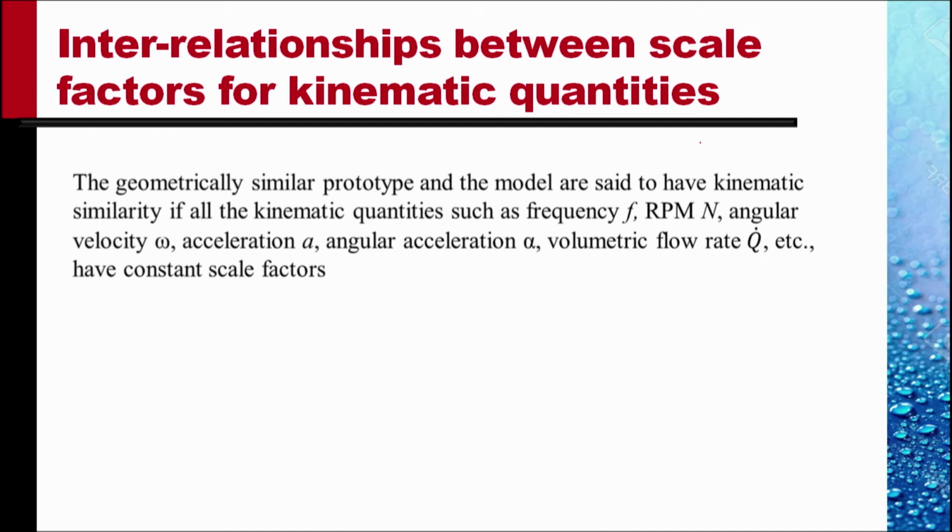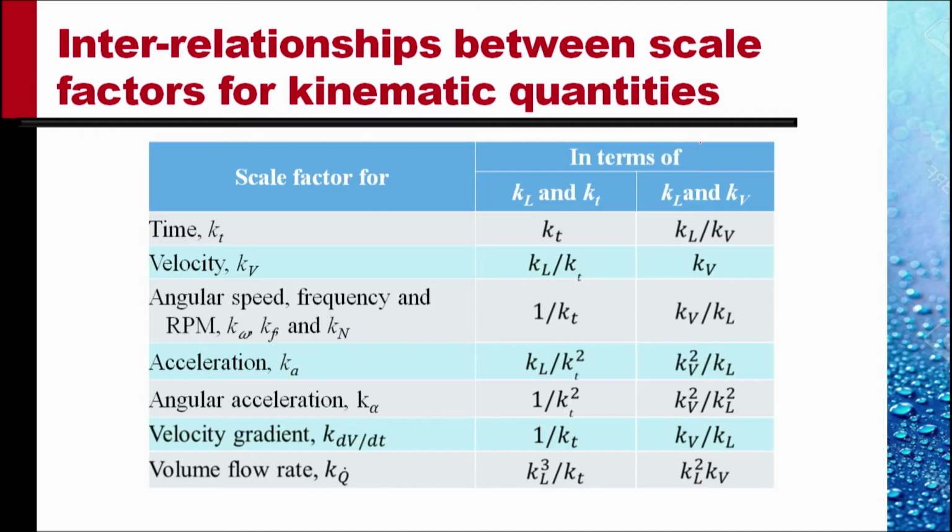One scale factor for frequency, one scale factor of RPM, one scale factor of angular velocity, one scale factor for volumetric flow rate, etc. So that we can relate the scale factors of kinematic quantities with the scale factor KL and KT, or KL and KV.